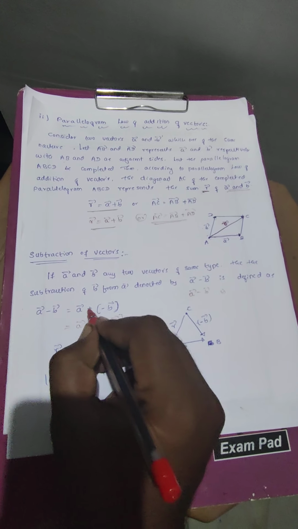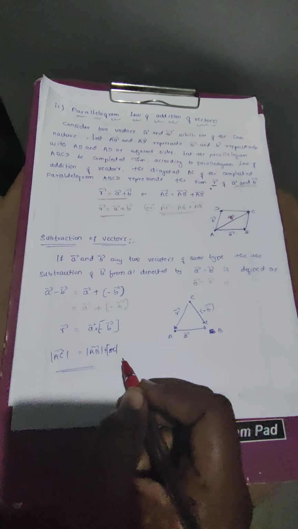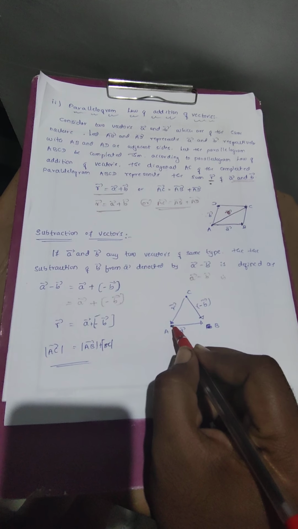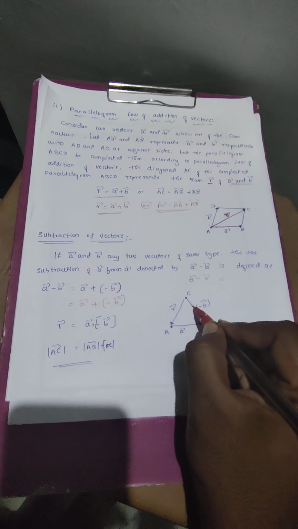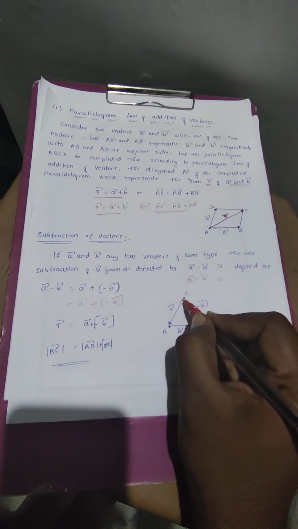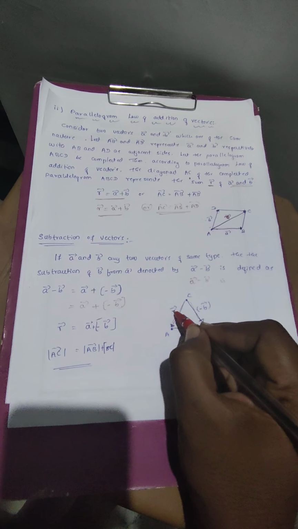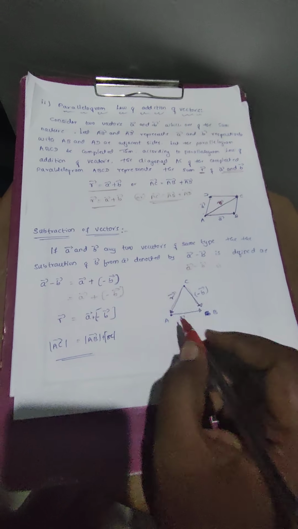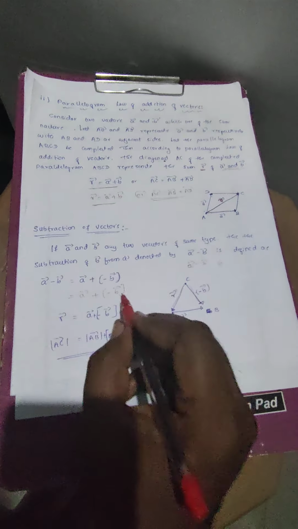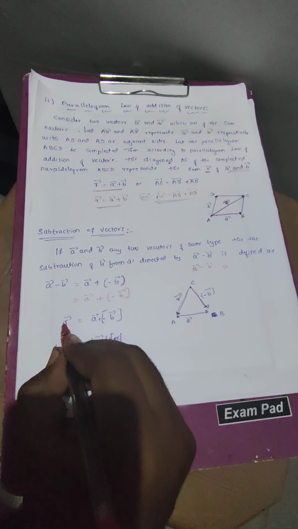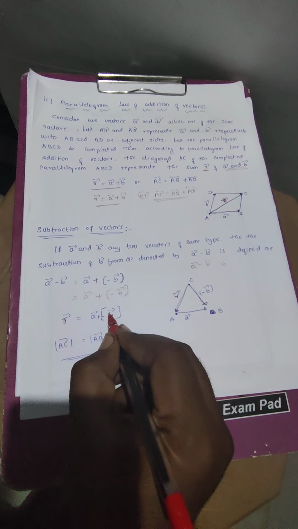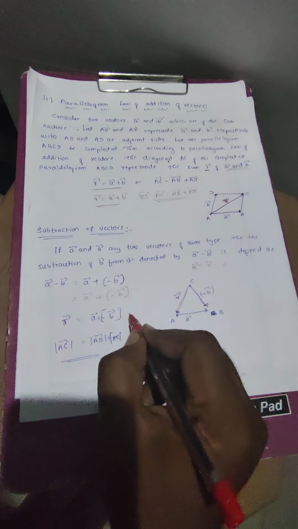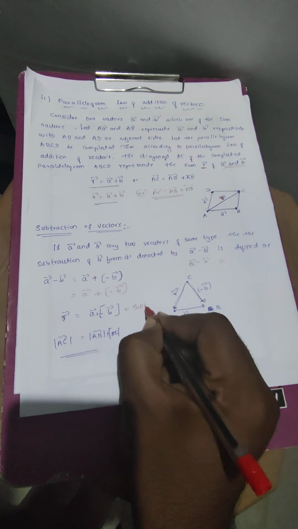So we can write it this way. Here in the figure we can see vector A in this direction, vector B in this direction. By joining these two, the resultant vector R gives the subtraction between A and B. Here the resultant vector A plus minus B is equal to the subtraction of two vectors.